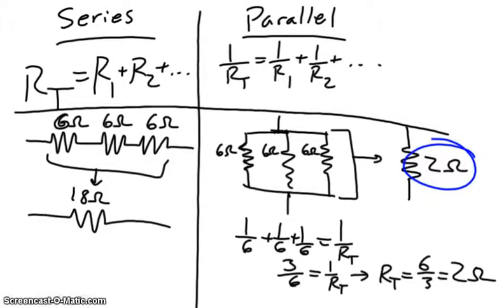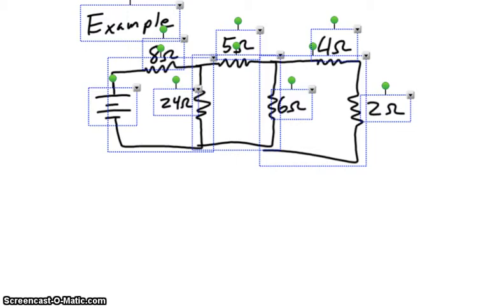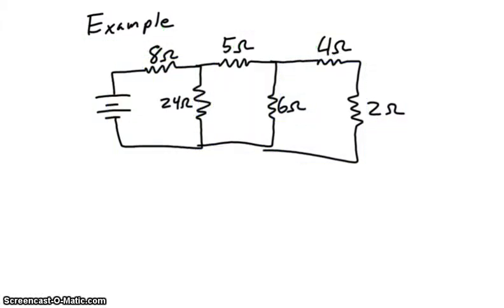Now, let's see this in a more complex example, because we have to correctly identify what we're talking about. Here's a 6 resistor complex circuit. We look at this circuit and want to figure out what's in actual series and what's in actual parallel.